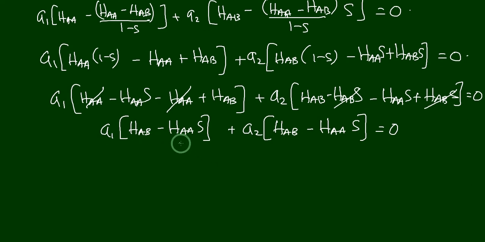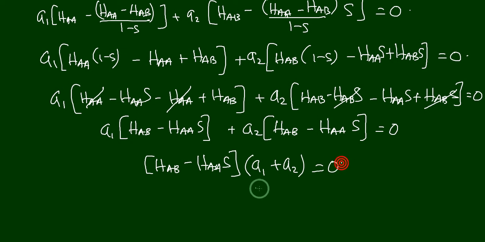We have HAB minus HAAS as the common factor in both terms, so we can write it like HAB minus HAA into S as a common factor into A1 plus A2, okay, is equal to 0. It means that A1 plus A2 is equal to 0 and A1 is equal to minus A2.